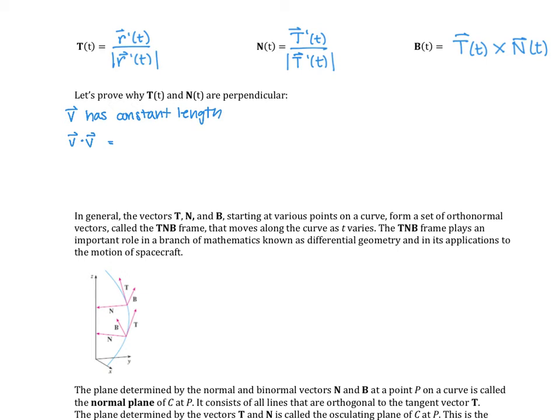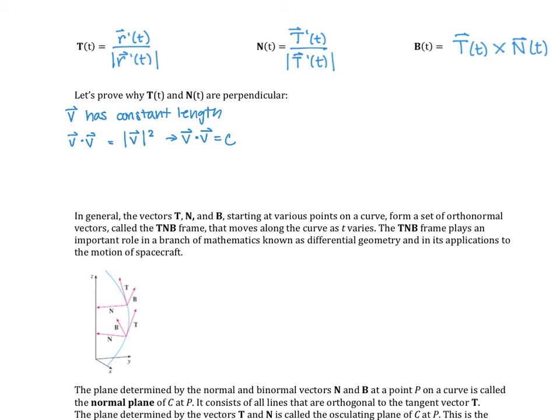Do you agree that this would be equal to the magnitude of the vector squared? Remember, magnitude is the square root of each of the components squared. If we're dealing with the same vector, that makes sense that this would be the magnitude of v squared. So that implies that v dot v is also a constant.